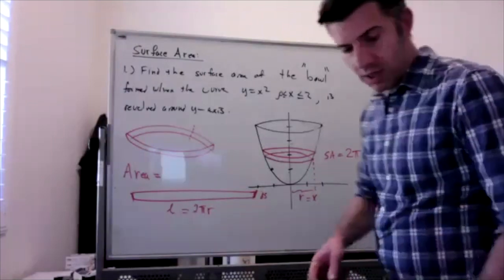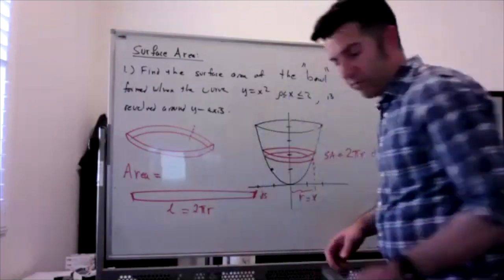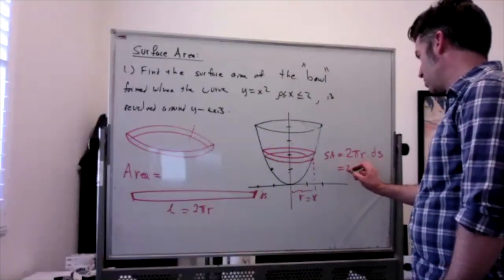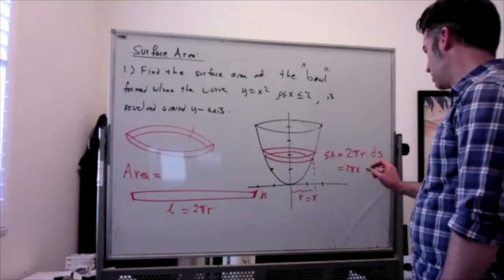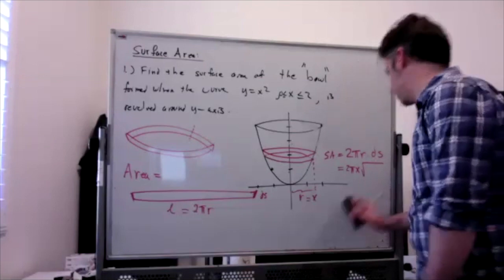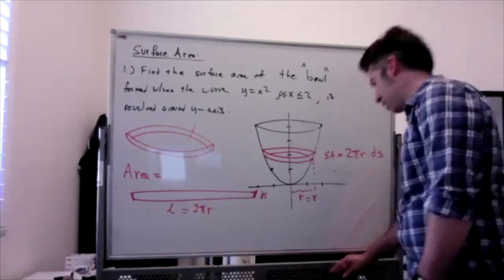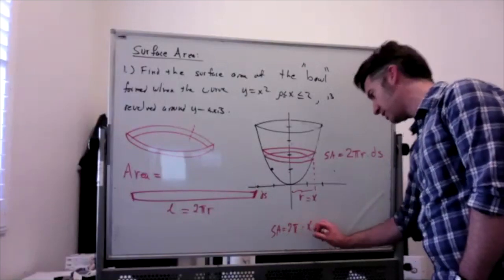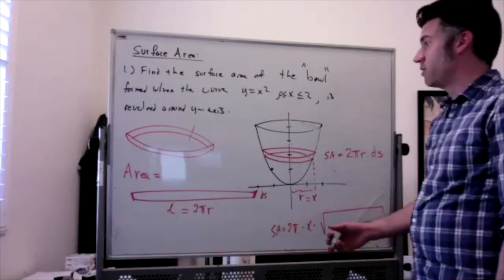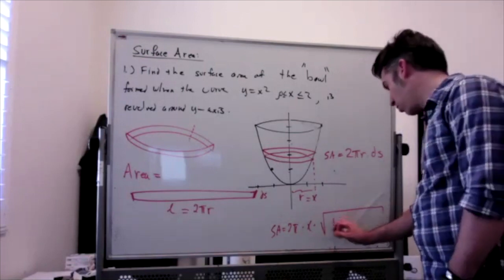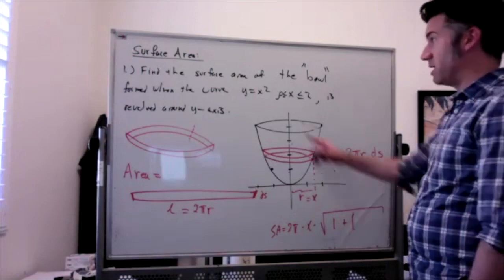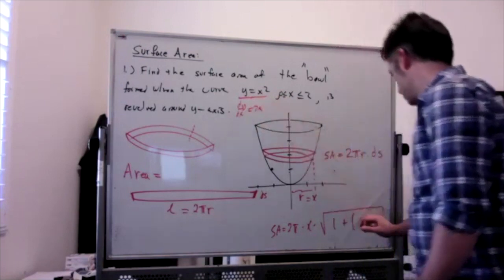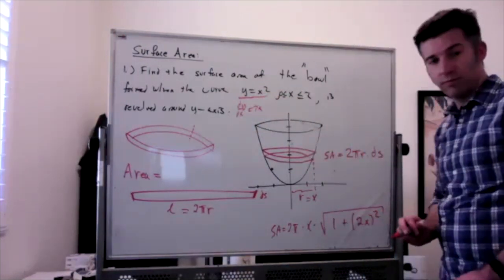So the surface area of my band is going to be 2 pi times my radius x times ds, which is the square root of 1 plus dy/dx quantity squared. So dy/dx is just 2x, quantity squared.